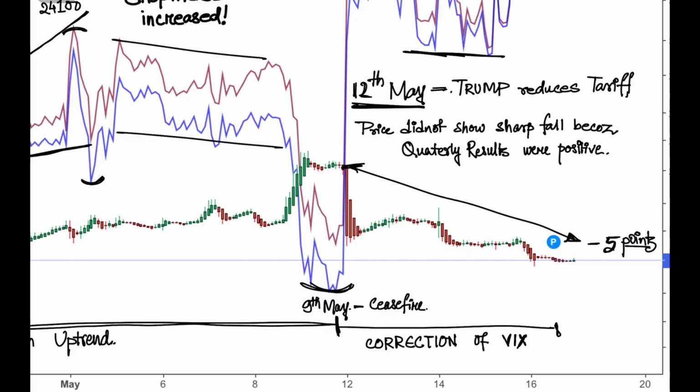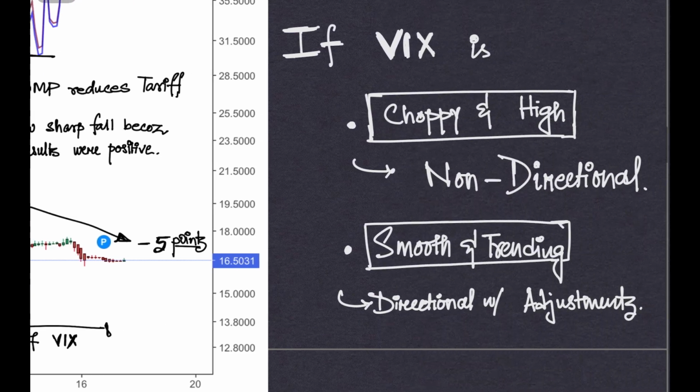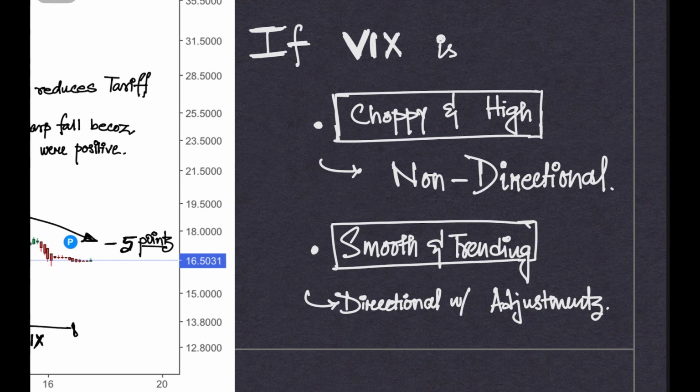Secondly, the price didn't show a sharp fall also because the quarterly results were positive and the outlook for FY 25-26 was brilliant. But since 9th May, we saw a correction of VIX by 5 points. That helps us to conclude that if VIX is rising, we would be following a non-directional strategy, whereas if VIX is smooth and trending, we would be following a directional strategy with adjustments.